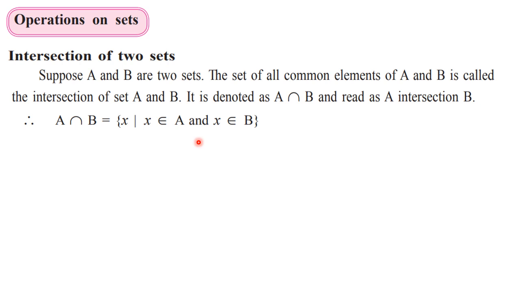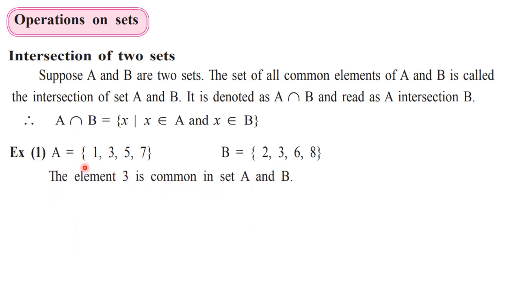Then we have seen the example. The first example here is if set A has elements 1, 3, 5, 7 and B has elements 2, 3, 6 and 8, then we have to think of the common elements, the elements which are present in A and also in B. Here, 1 is present in A but not present in B. 2 is present in B but it is not present in A. But the element 3 is present in both the sets.